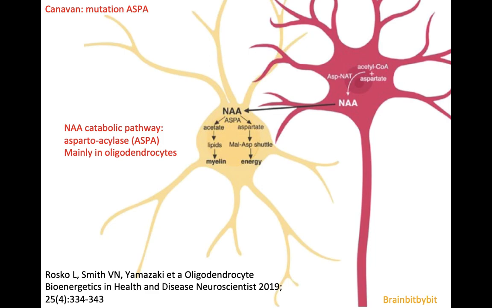And NAA in the oligodendrocytes is broken down into lipids that can be used for the formation of myelin, and aspartate that serves as a supply for energy.